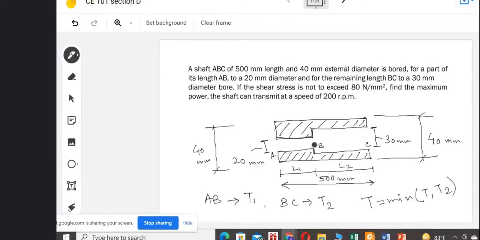Whenever some twisting moment is applied, this shaft will rotate. Then AB will also rotate, BC will also rotate. Will they rotate with a different twist angle, or will they rotate with the same angle?